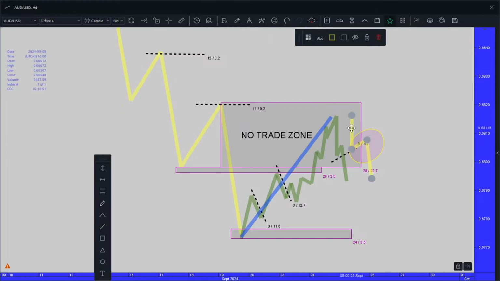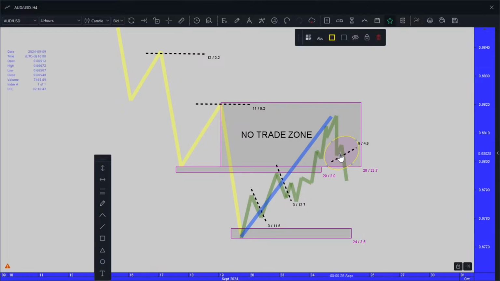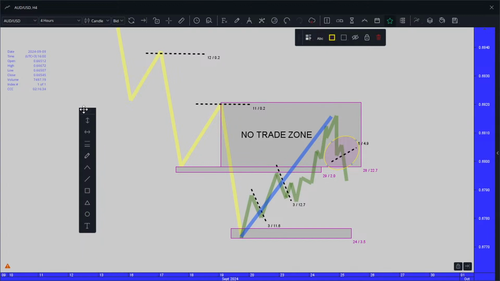So you shorted the market inside the no trade zone. Even if I'm telling you don't do this, you shorted here. You are smart, you're smarter than me. Somebody's saying on the other streaming platform, oh, this is all the same. It's not. Where should the stop loss go if I'm shorting the market in here? Above the blue or the green, or above the yellow? Only one is the correct answer.